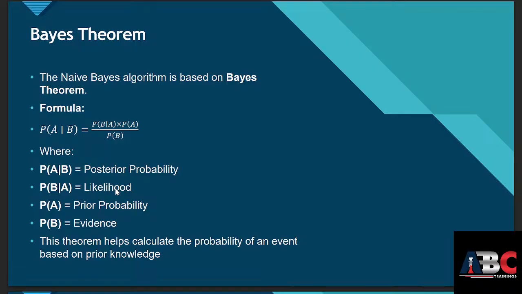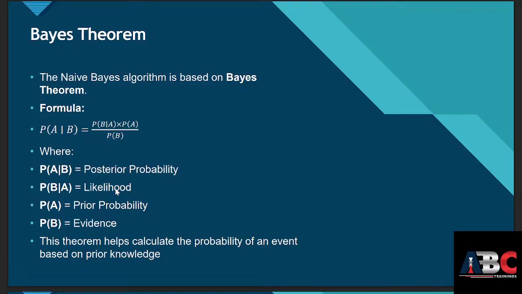To understand how this theorem works, let's break down each part of the formula. Posterior probability, P(A|B). The posterior probability is the final probability we want to calculate. It represents the probability of event A happening after considering event B.